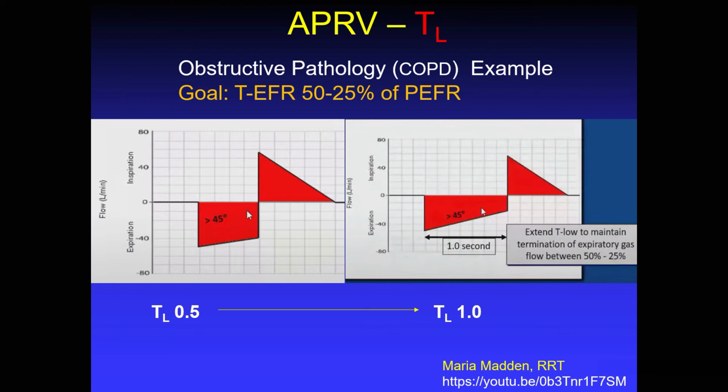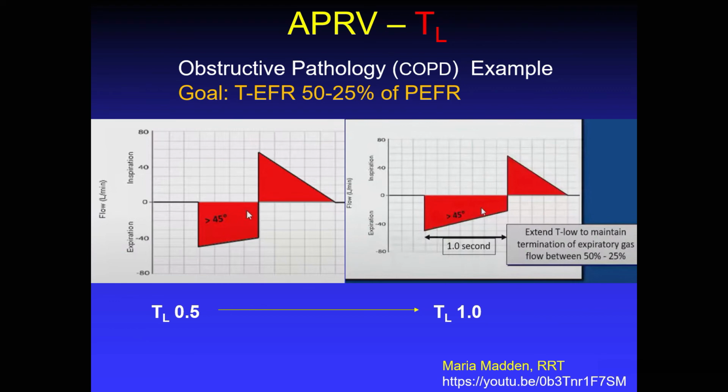So T low needs to be tailored to the patient and to the clinical situation. In most instances of ARDS and volume overload, you're going to want to target a release termination occurring at about 75% of the expiratory flow rate. For patients with COPD, that may be significantly different and may need to be somewhere around 25% to 50%.